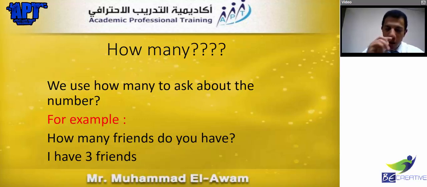Now, concerning the question, how many? It says here, we use how many to ask about the number. We ask about the number of things using how many. So, for example, how many friends do you have?